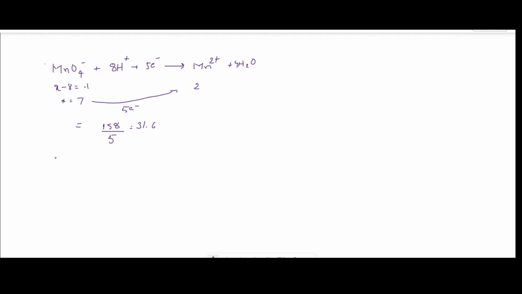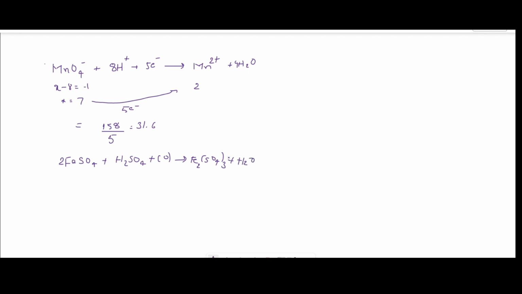If it is a reducing agent, I'll write the equation FeSO4 + H2SO4 + O gives Fe2(SO4)3 + H2O.